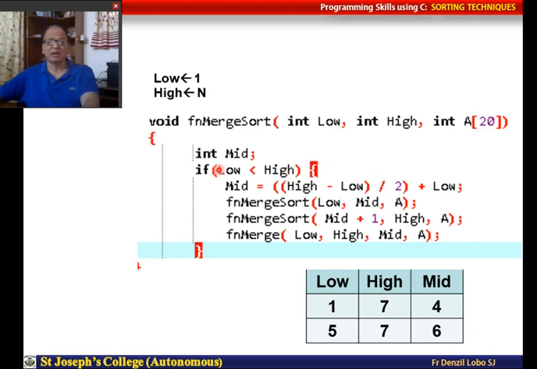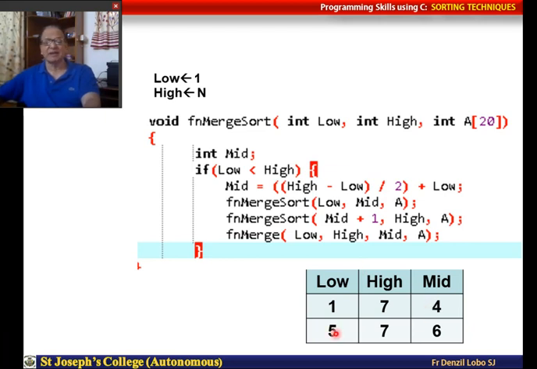As long as low is less than high, what do we do? First we find the midpoint. For example, here for the first half, low is 1, high is 7, 7 minus 1 is equal to 6, 6 divided by 2 is 3, 3 plus 1 is equal to 4, so midpoint is 4.